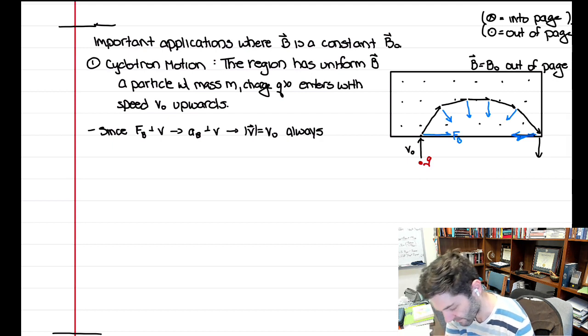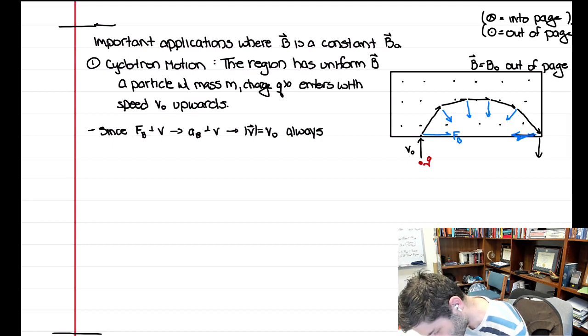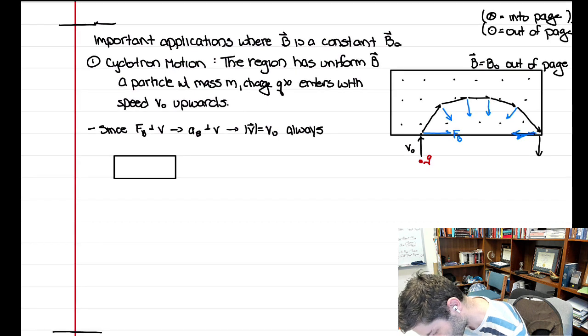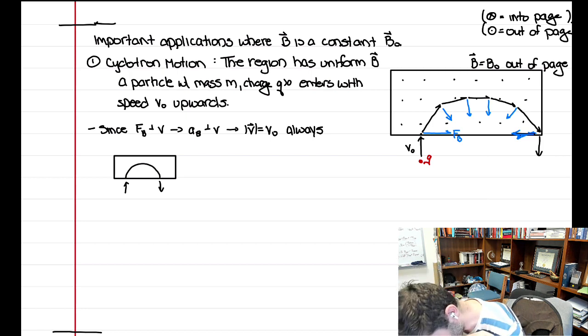If we were to do this with very, very small time increments, then the velocity vector would trace out a circle. So we get something that comes in, and it would start to do something like this, and then it would come back out, where, in every instance, the force would be perpendicular to the velocity.